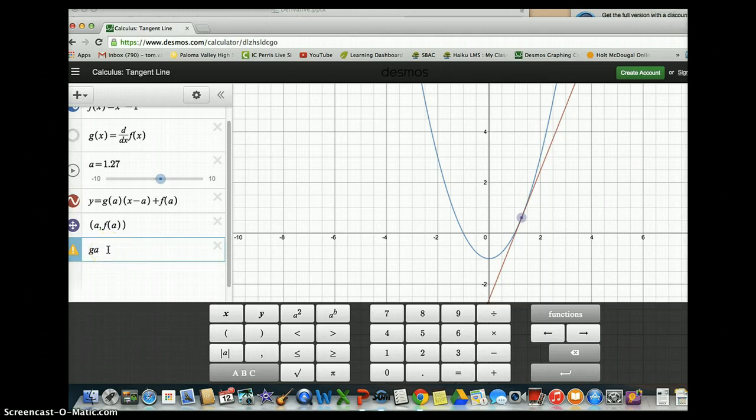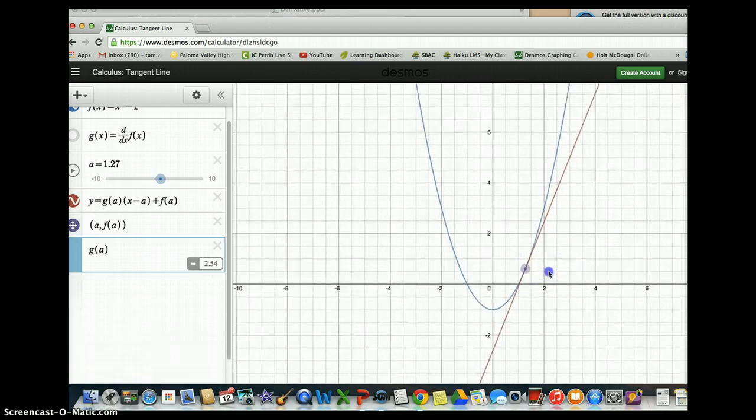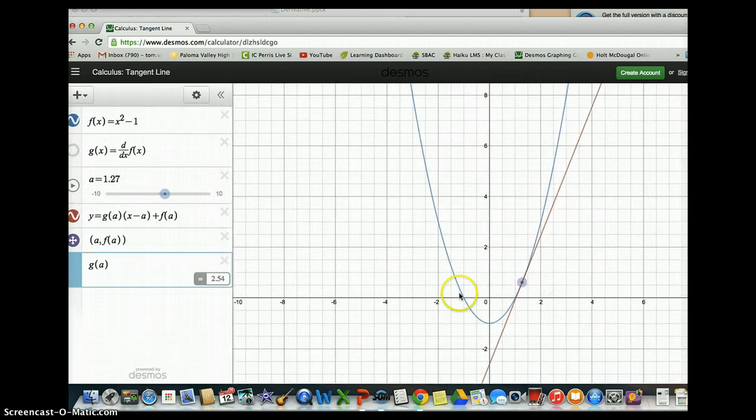G of a. And it's going to tell me the slope at these different a points here. So let's see if we can get a little more room, and pull our graph down a little bit. All right, here we are. So let's go to a equals 1, which is x equals 1. We'll see the slope of the tangent line here is 2.